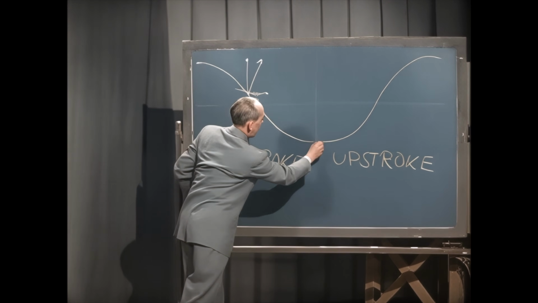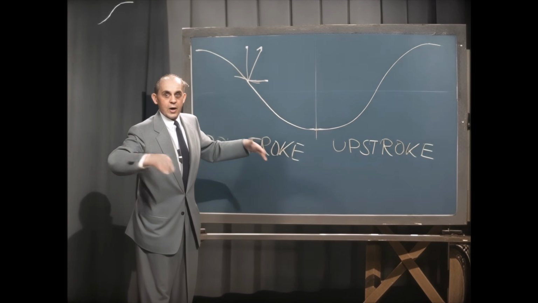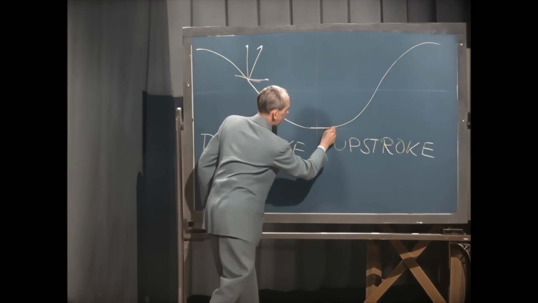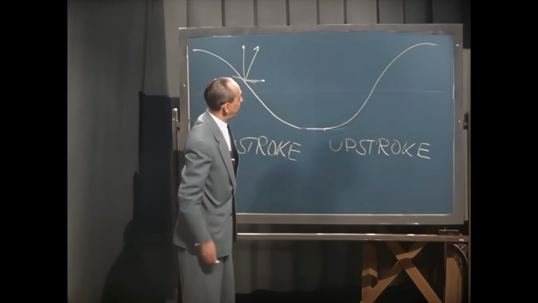Now here we have the condition as we have it normally on any wing, stiff wing, just the flow coming from in front, and we have a little drag and we have medium lift.